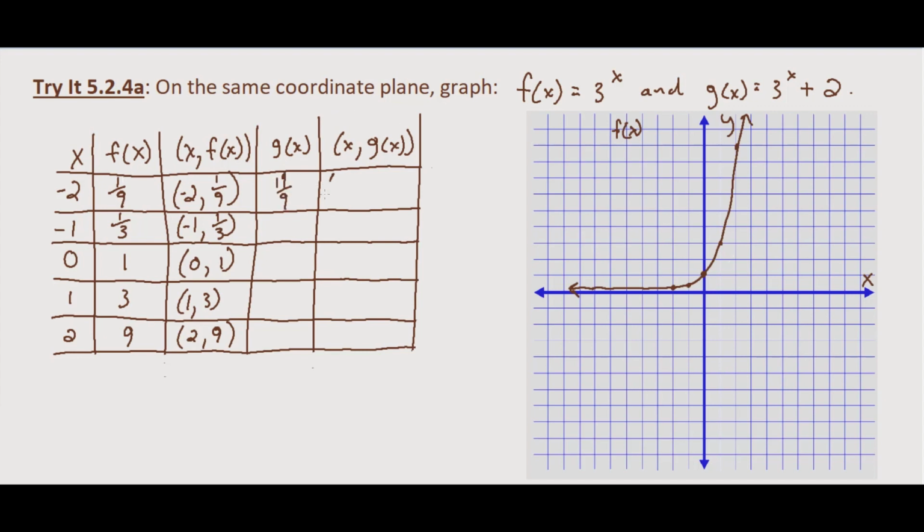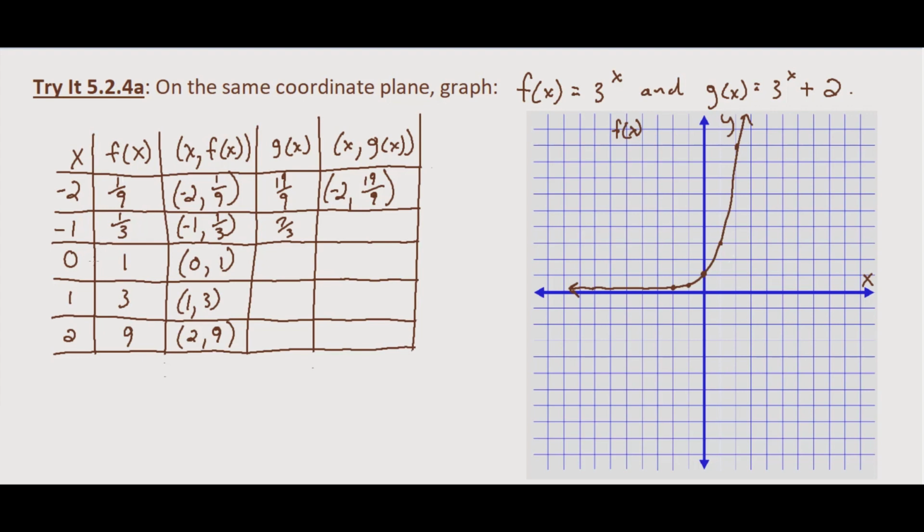So our point is going to be -2, 19/9, which is 2 and 1/9. At -1, g of -1 is going to be 3 to the -1 plus 2. Well, that's just going to be 1/3 plus 2, which is 2 and 1/3, or 7/3. So essentially, we're just adding 2 to each one of the f of x values.